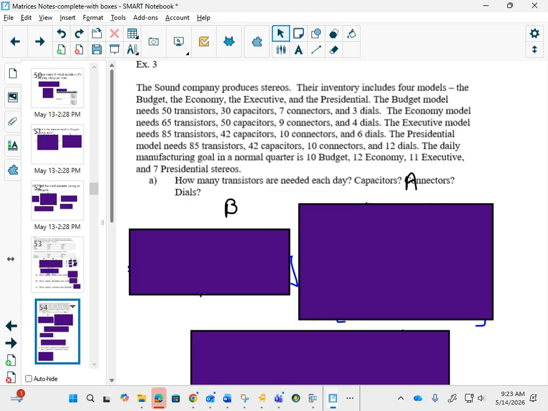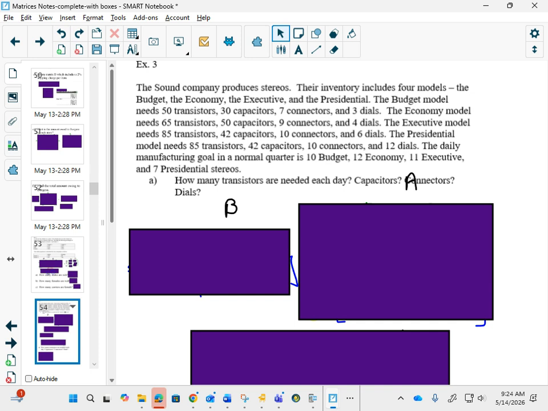And each of them tells us all of this information. How many transistors are needed per day? How many capacitors? How many connectors? Because the daily manufacturing goal is 10 budget, 12 economy, 11 executive, and 7 presidential. This is a lot of data.